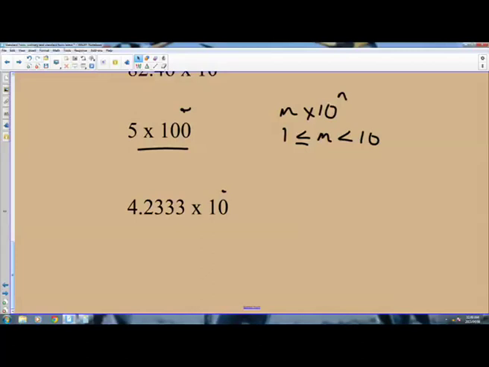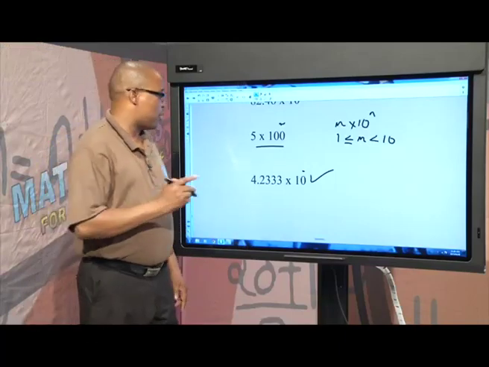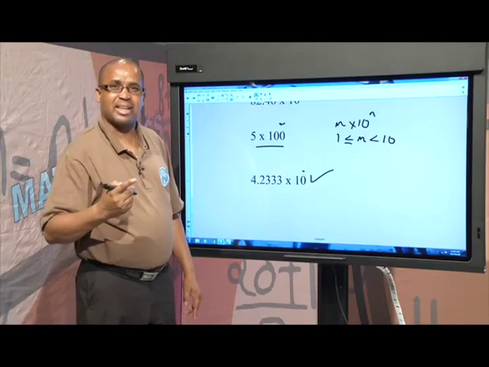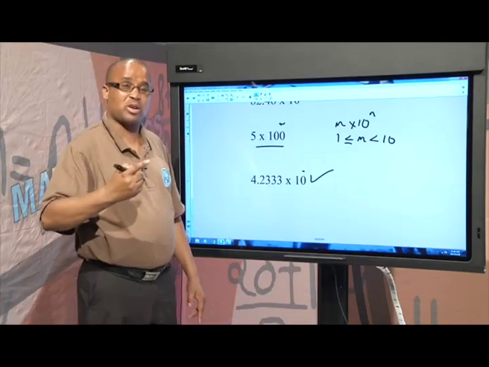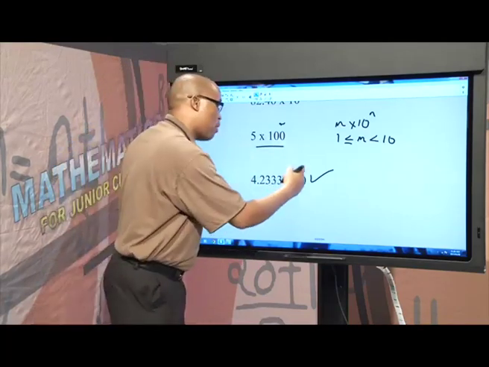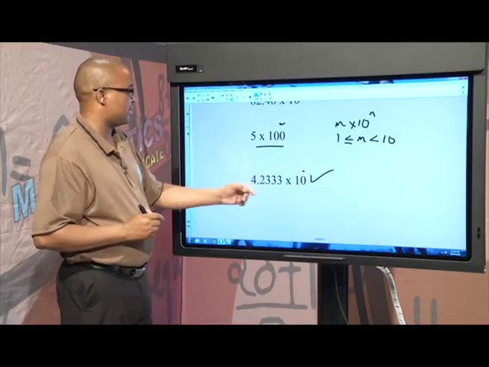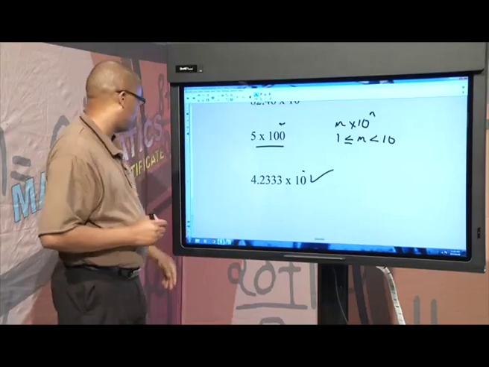What we have here is 4.2333. It's within this range. So this is in standard form. I know it may confuse you to say 10 here is not raised to a power. It is raised to the power 1. And when a number is raised to the power 1, we don't write that 1. So this is just 10 to the power 1. It's in standard form. So 4.2333 times 10 is in standard form.